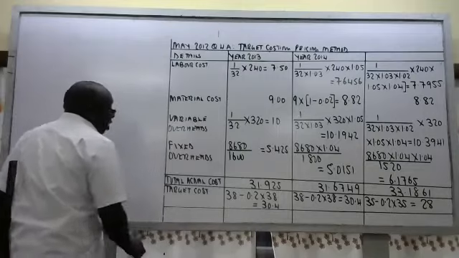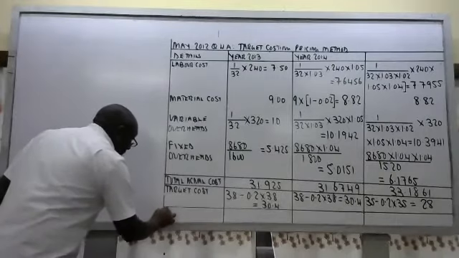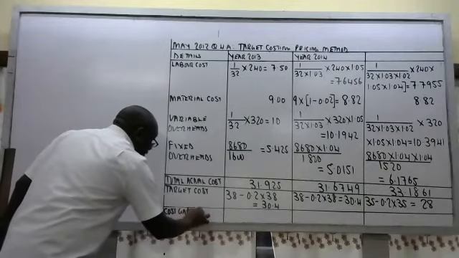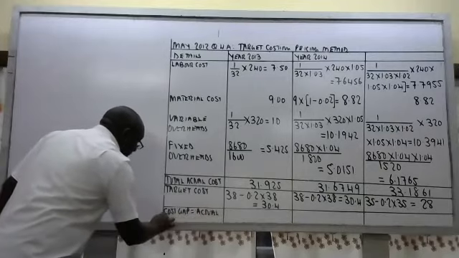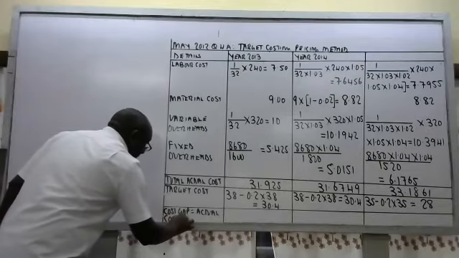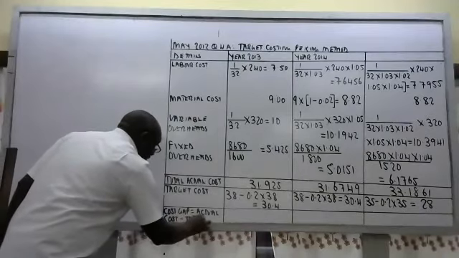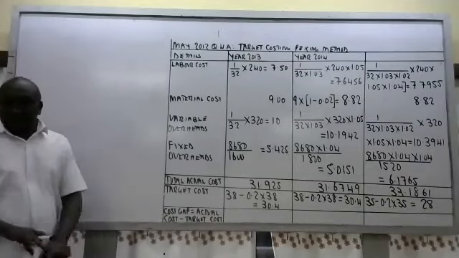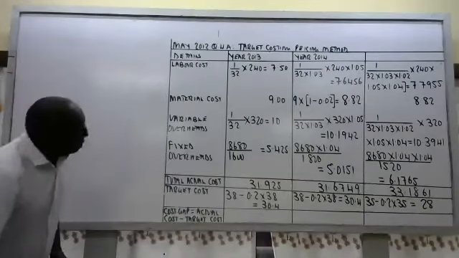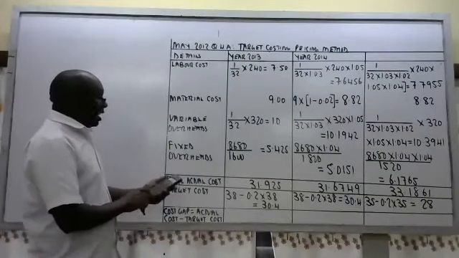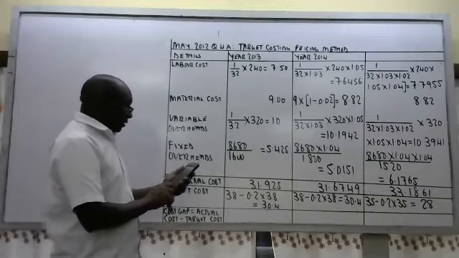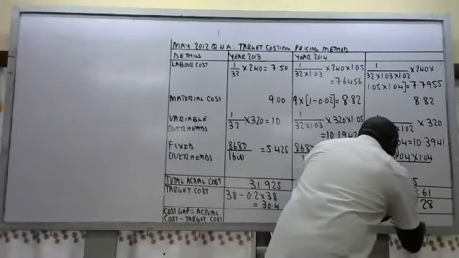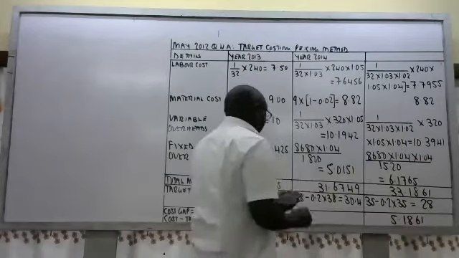Then there is what we call the cost gap. Cost gap, I told you, is the actual cost minus target cost. So starting there, 33.1861 minus 28 is 5.1861.